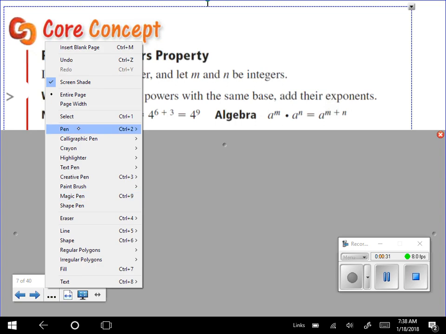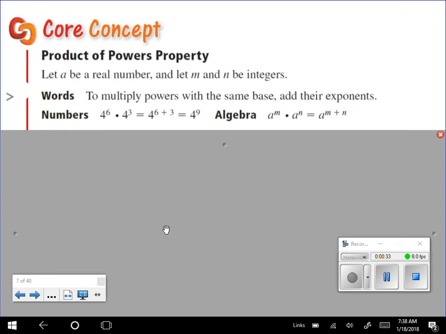So what it's telling us here, a to the m power times a to the n power would equal a to the m plus n power. To multiply powers with the same base, and it has to have the same base, we talked about what bases are in your notes, we're going to add their exponents. So we broke it down here.